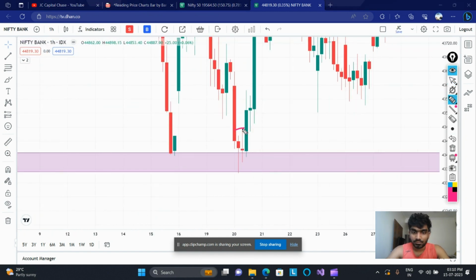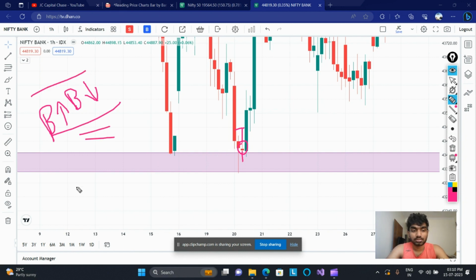The lower wick is long and the body is very small. What does this indicate? This indicates that buyers and sellers, bulls and bears, tried to come in with equal force. It can also mean the market is at a critical situation, because of which it is unable to decide whether it is going to go down or go back up.